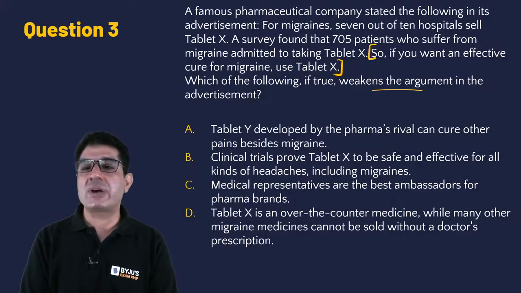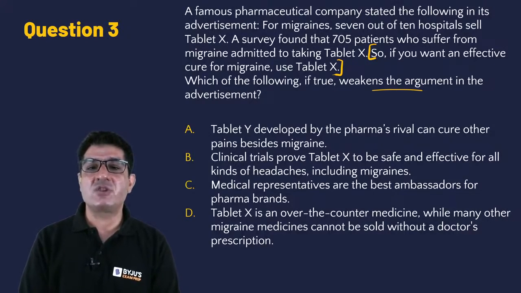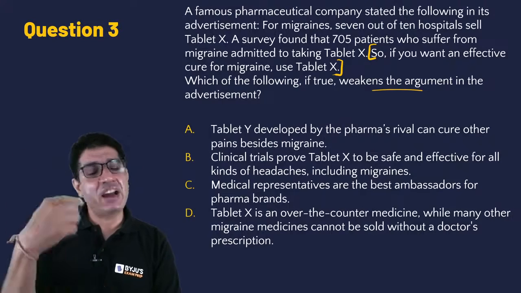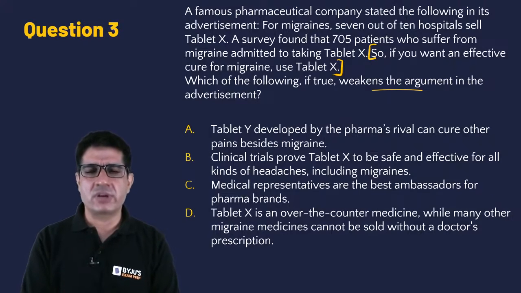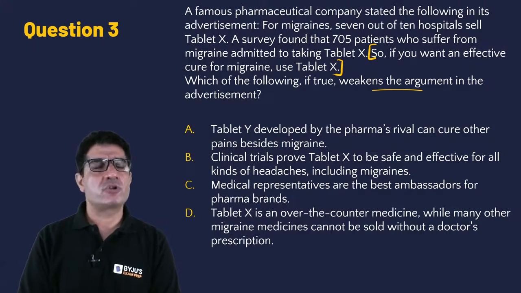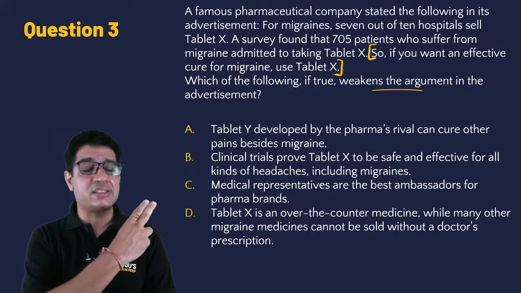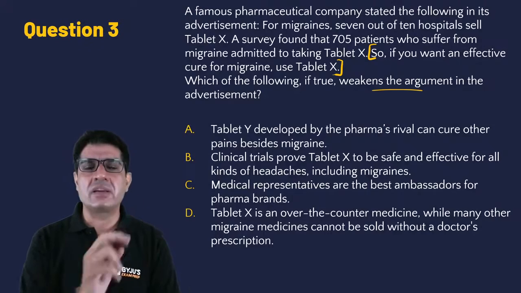Now let's have a look at A. Tablet Y developed by the pharma's rival can cure other pains besides migraine. Okay, so if I have migraine, I have no other problem. So should I take tablet X or tablet Y? Because the claim is tablet X is an effective cure for migraine.